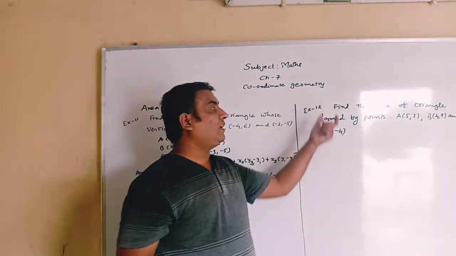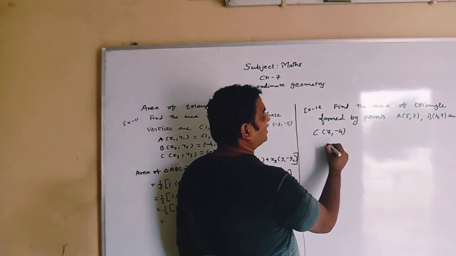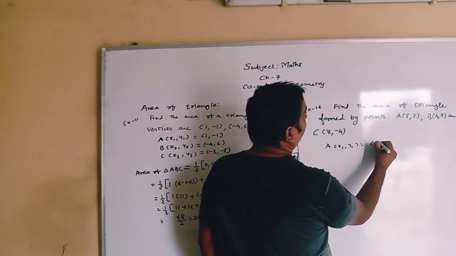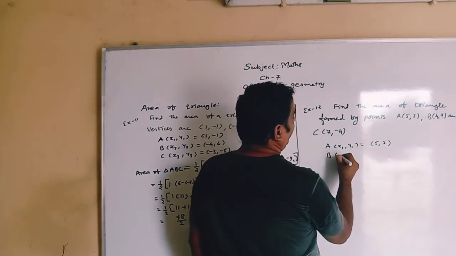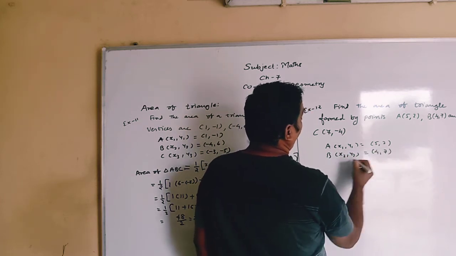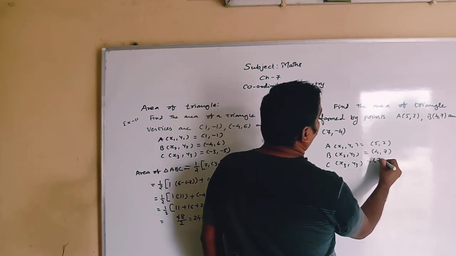Now we are given another example: find the area of the triangle. Again here A(x1, y1) is given, 5, 2; B(x2, y2) is given, 4, 7; and C(x3, y3) is given, 7, −4.